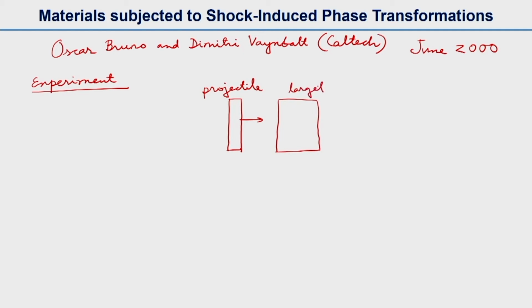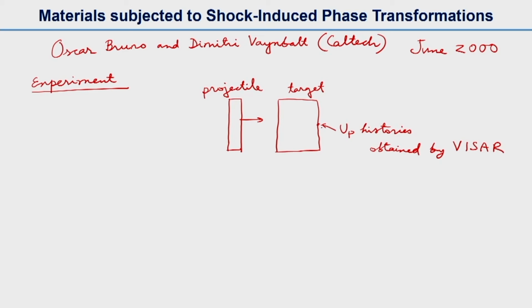The particle velocity histories, the UP histories, are obtained by VISAR, the velocity interferometer system for any reflector, which we talked about.